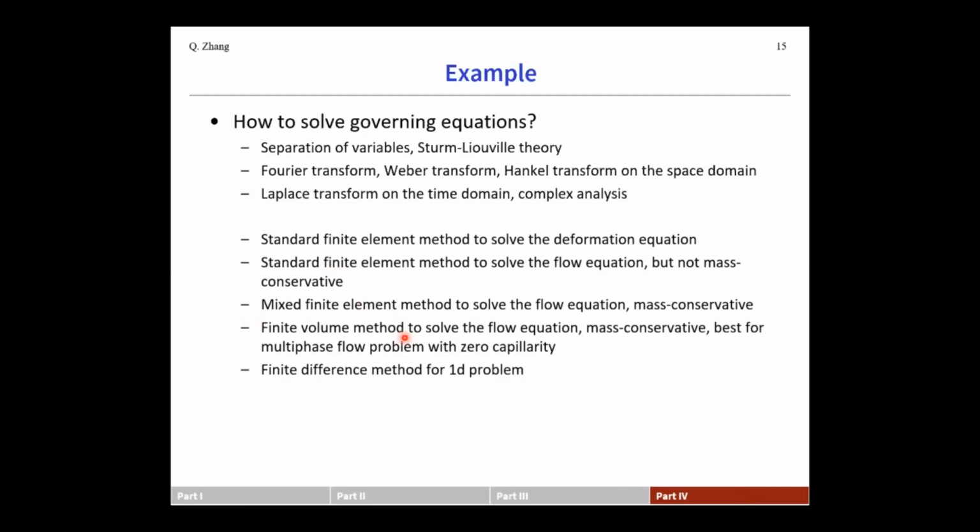And the finite volume method is best for the multi-phase flow problem with zero capillarity. In addition, for some 1D problems, you can try the finite difference method, which is much easier to implement. And the last category is machine learning or deep learning methods, such as Gaussian process and deep neural networks.